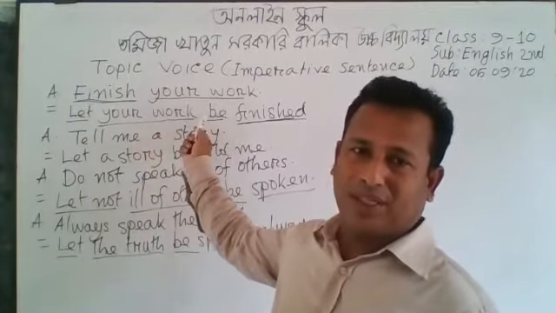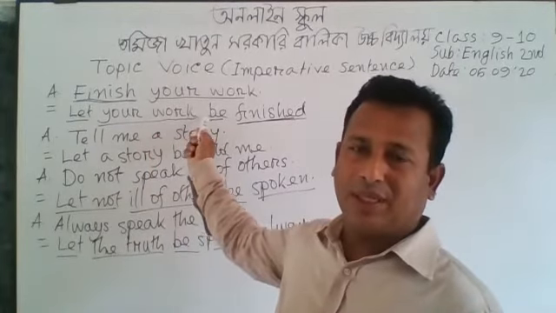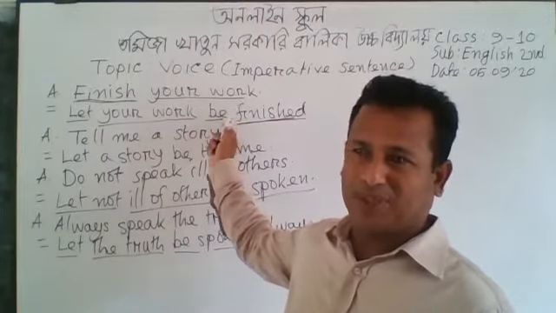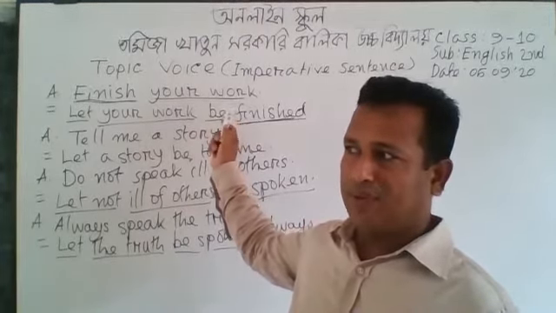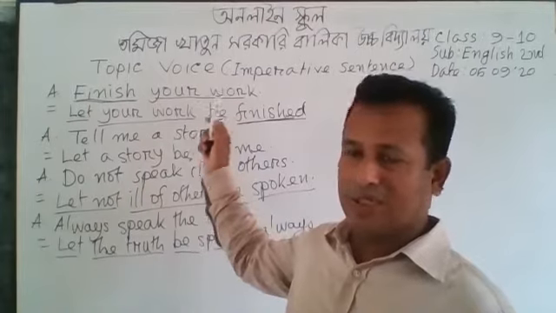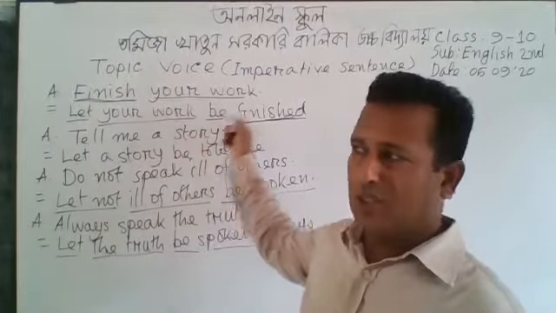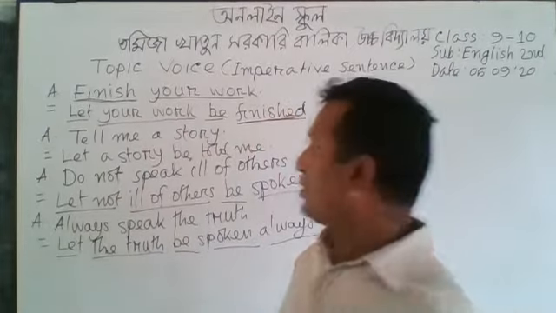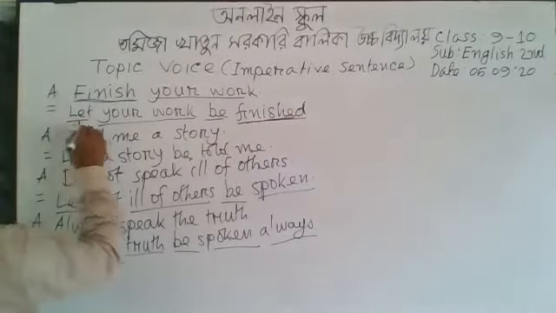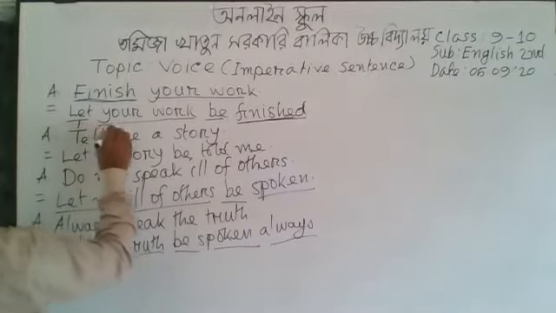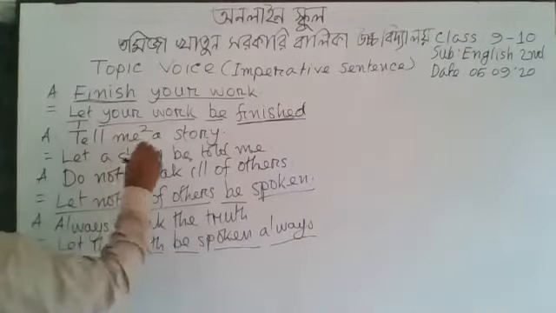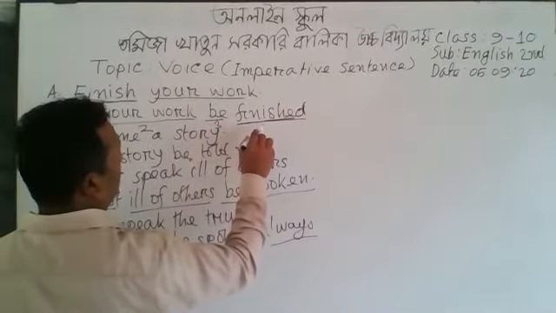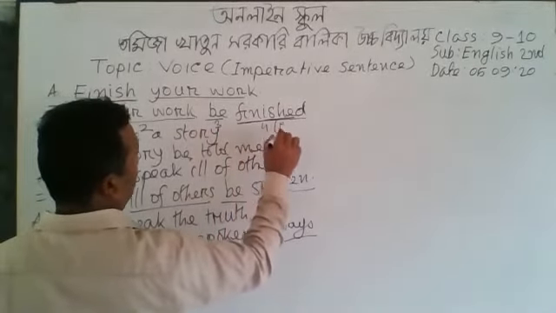In the third place, be, and in the fourth place, PP, past participle form. And if there are any other words or extension, it will be used at the last.